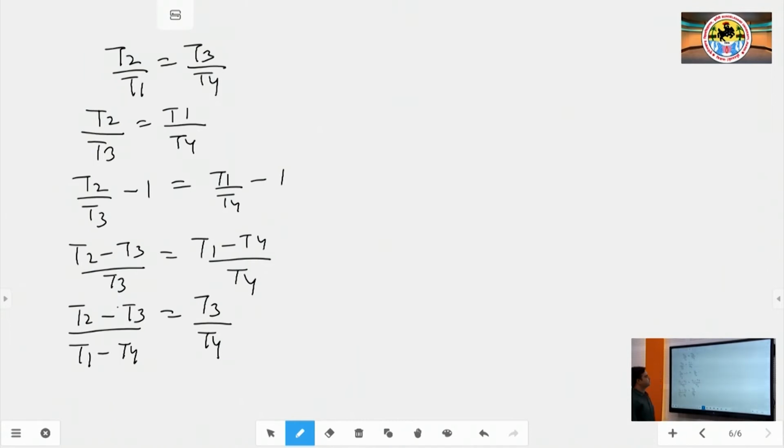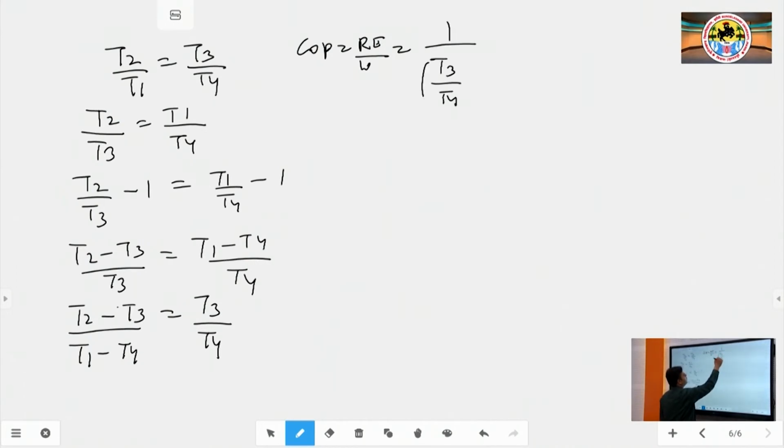So, from the last expression, COP, that is the refrigeration effect upon work. So, T2 minus T3 upon T1 minus T4 is equivalent to T3 upon T4. So, COP is equal to 1 upon T3 upon T4 to the power of gamma minus 1 upon gamma minus 1.